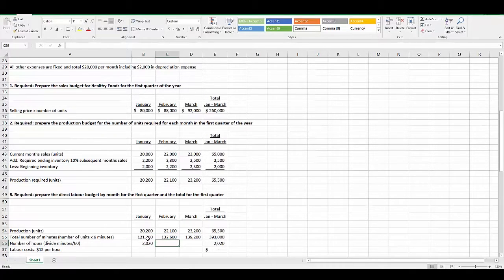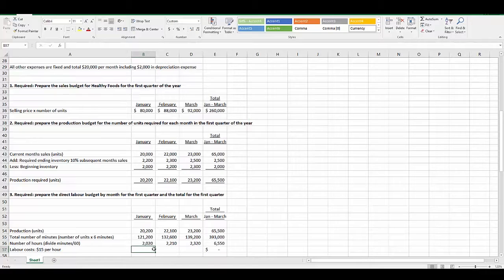And for February, 132,600 divided by 60 gives you 2,210. And finally, our March number of minutes divided by 60, which would be equal to 2,320. So now we know the number of hours.